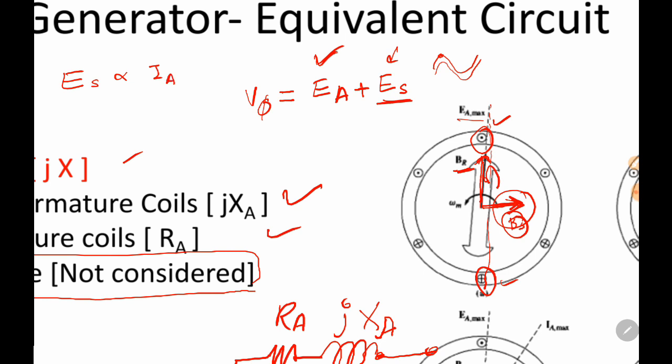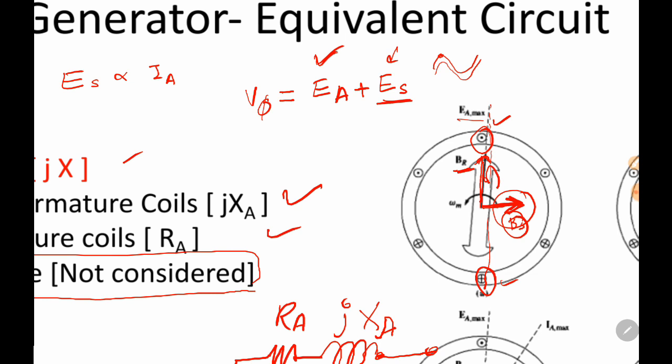The more current you have, the more strength of the stator magnetic field vector will be generated, and it will induce more stator component, which is the armature reaction component, into the voltage. So it means it's proportional to IA.